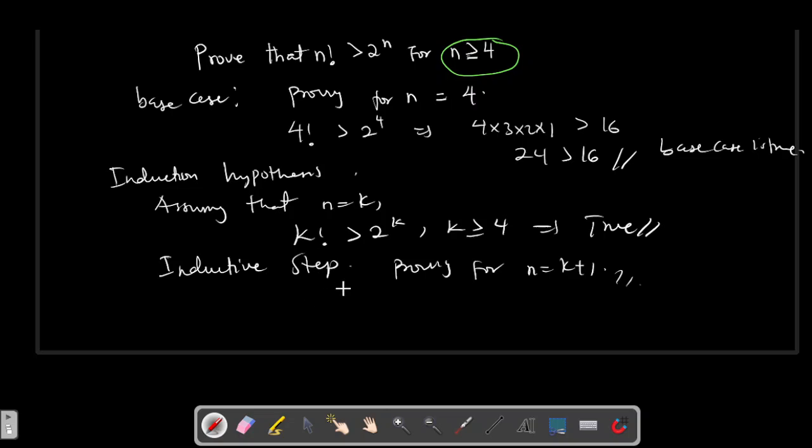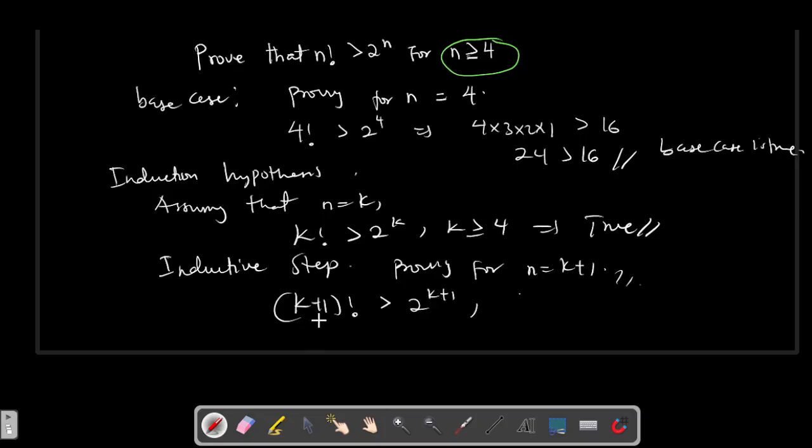So how do I solve this? Proving for n equals k plus 1, I'll have k plus 1, everything factorial, is greater than 2 to the power k plus 1, where k is greater than or equal to 4, right? So the k plus 1 is just finding the next term. So we have a way of dealing with it.